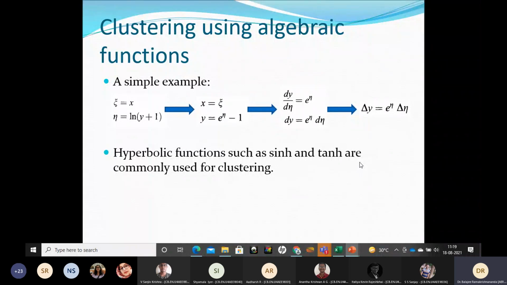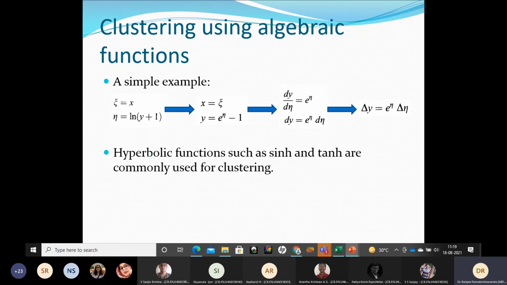So this is one example of clustering where you vary the y with eta. For example, delta y for eta equal to 1 is e power 1.